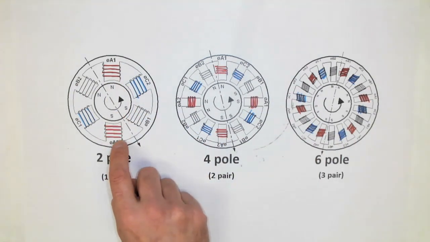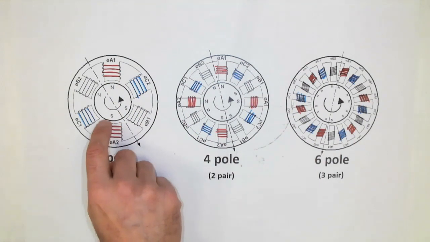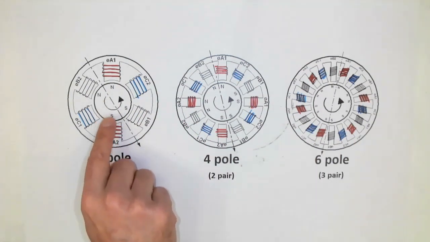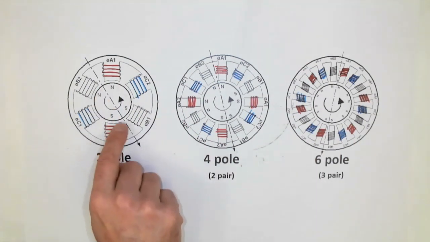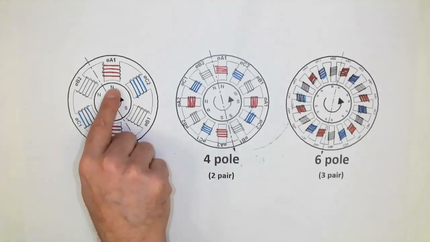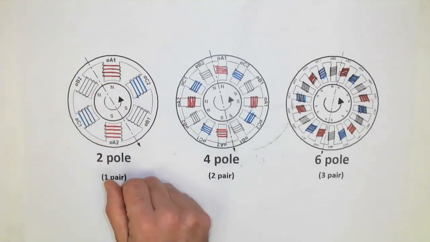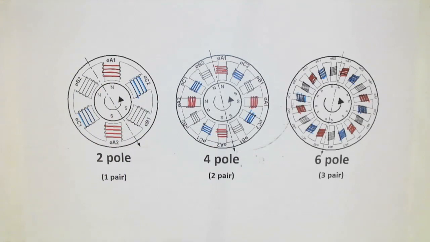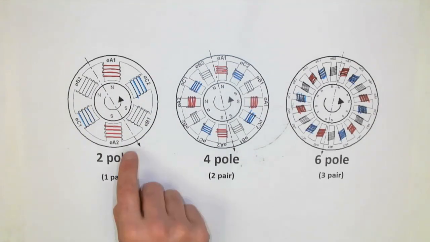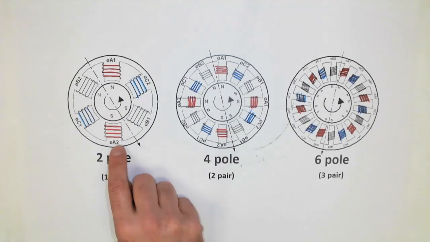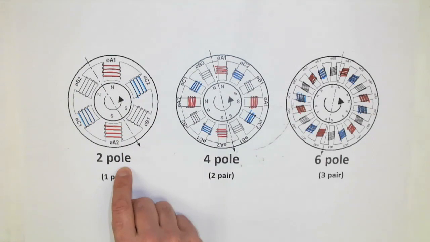The pole is the metal item that concentrates the magnetic lines of flux right on the surface here. So they pass between these two, and that is the A phase. So we can see here, A1, A2, this is one pair of poles, 2 per phase.